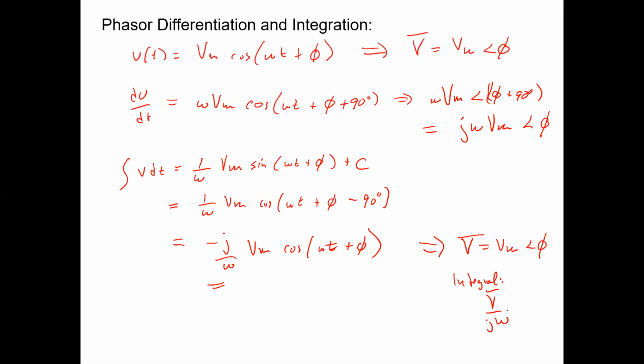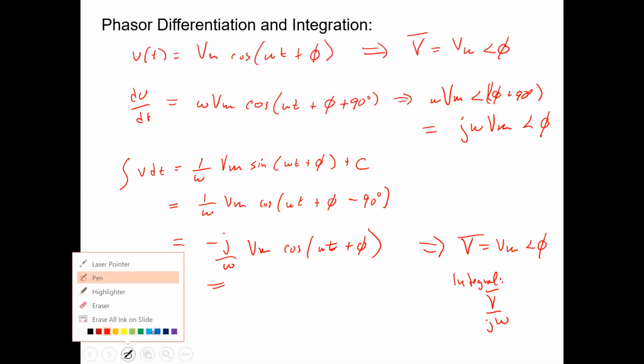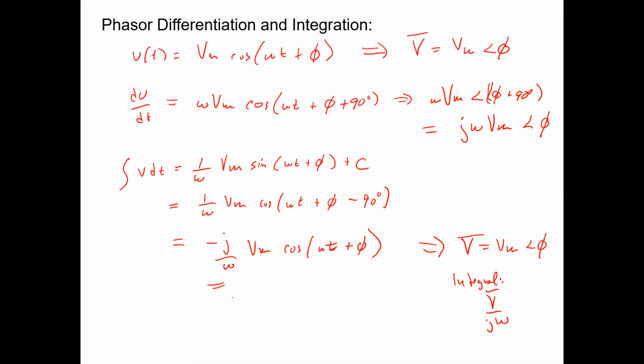So the thing to note about the two operators is that taking the derivative of a sine wave in the time domain is like taking j omega in the phasor domain, and an integral in the time domain is like taking 1 over j omega in the phasor domain.